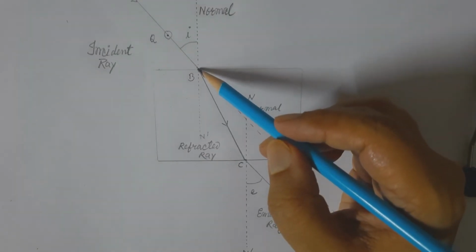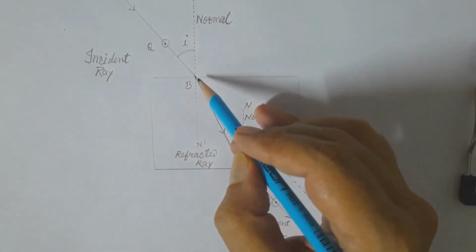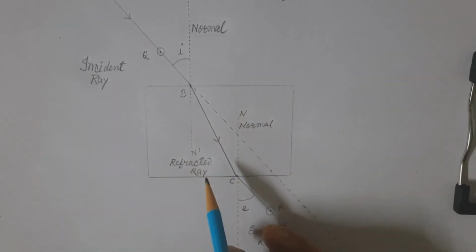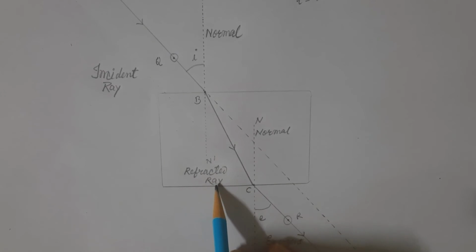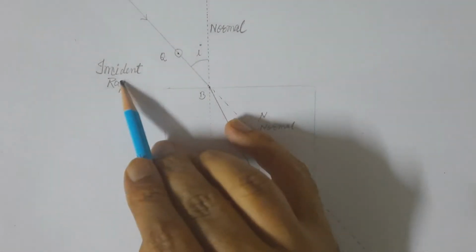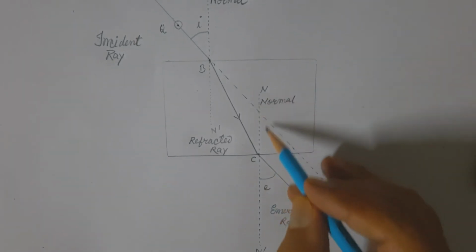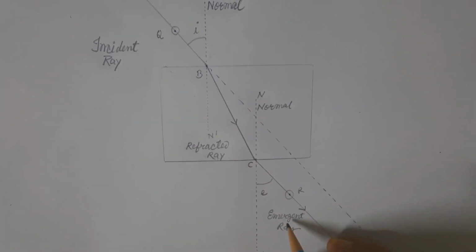When we join point B with point C, there is a certain bending, a change in the path of light toward the normal. This is this ray. BC is known as the refracted ray. AB is the incident ray. This is the normal, and again this is the normal at point C. This is the emergent ray.